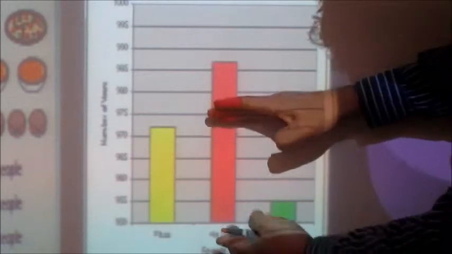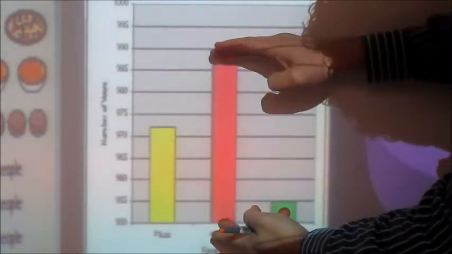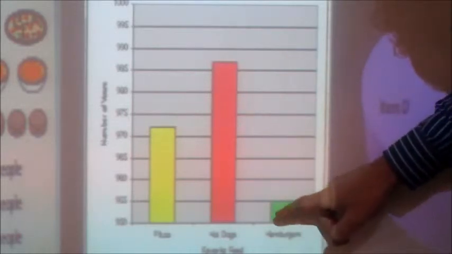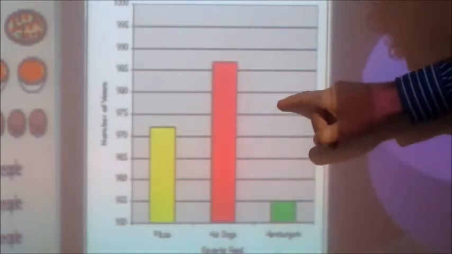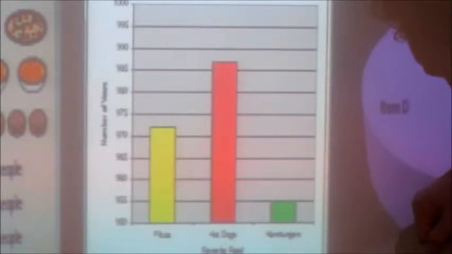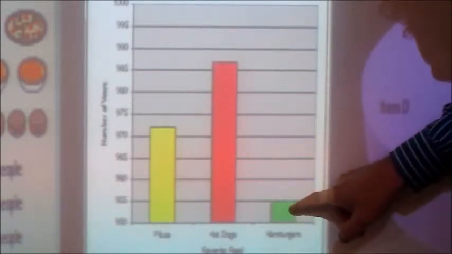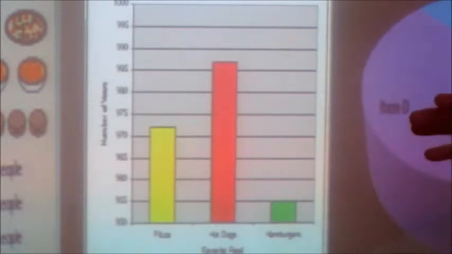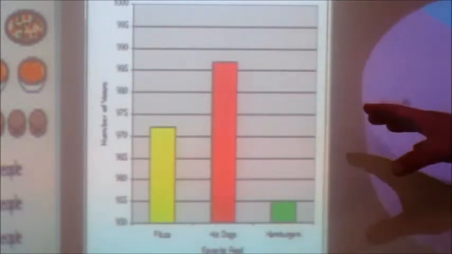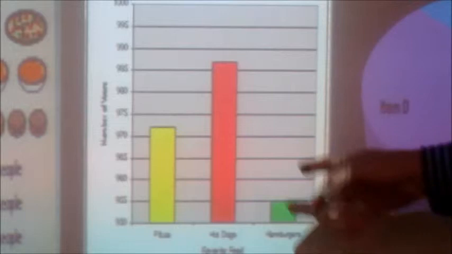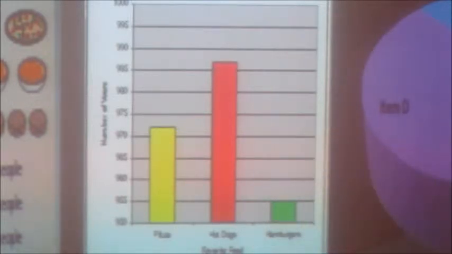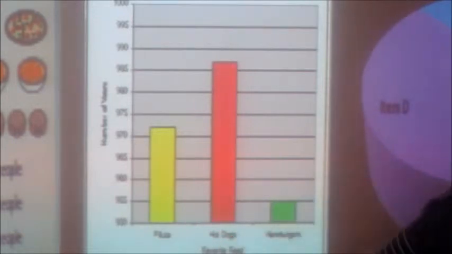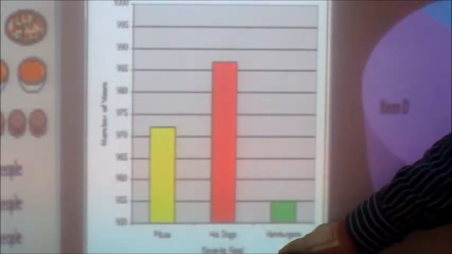It is, approaching twice as tall as the yellow one, and it's over 7 times the size and the height of this green one over here. Do those values match the visual representation of the difference between those choices? The yellow representing pizza, red representing hot dogs, and green representing hamburgers.